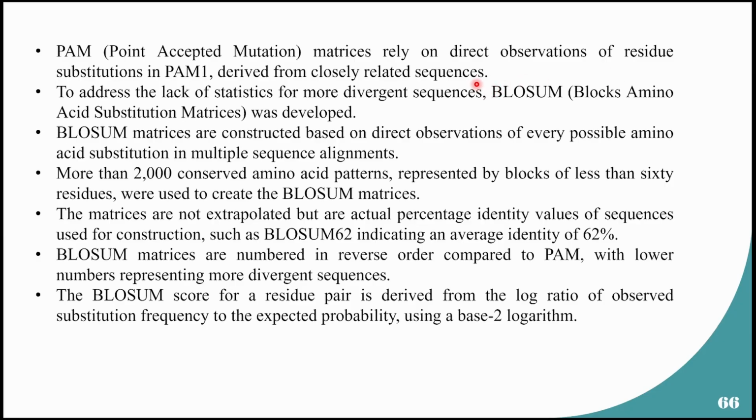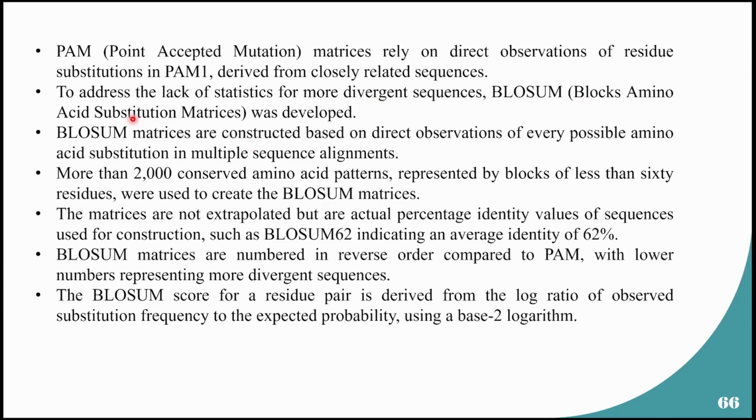That means that for distantly related protein sequences, you did not have direct observation based values, right? So you had extrapolated values that you are deriving from the PAM1 matrix by matrix multiplication. So to address that, of course, the BLOSUM matrix was developed.